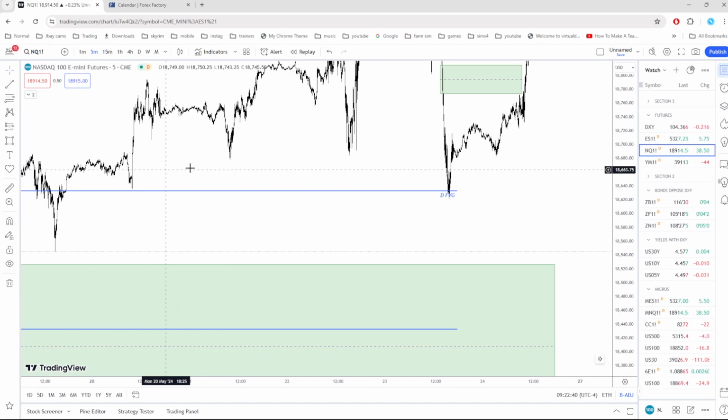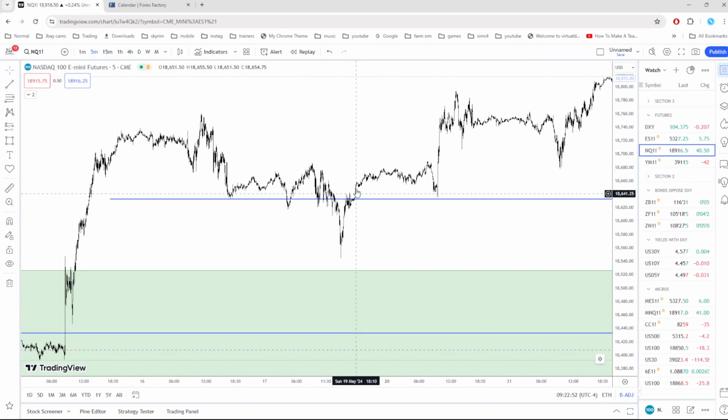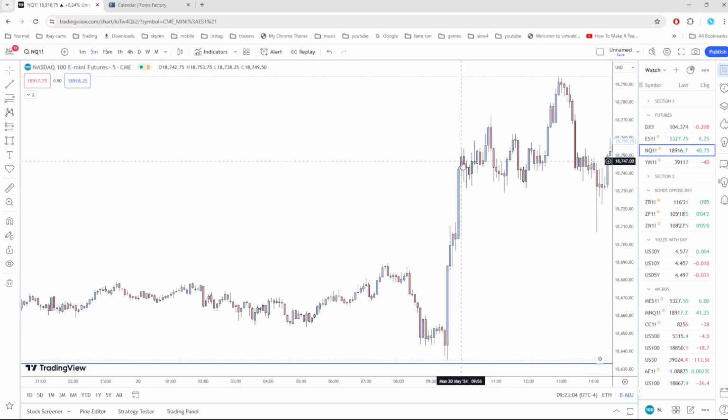Okay, so that would be this price leg over here. If you look at this, then you can see we also traded into a daily fair value gap. We already traded that Friday. That's that daily wick that you see, and then you expect higher prices. This high would be in your scope.